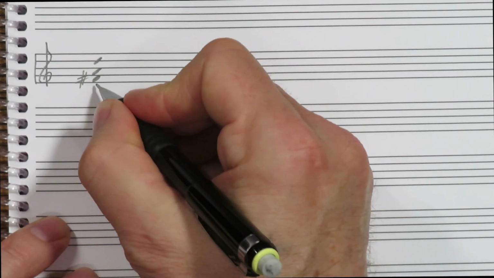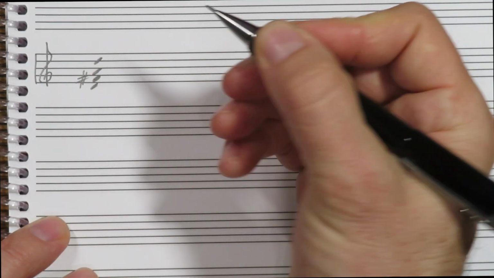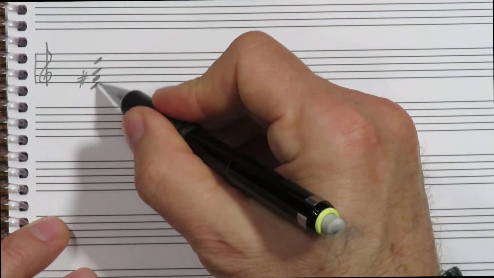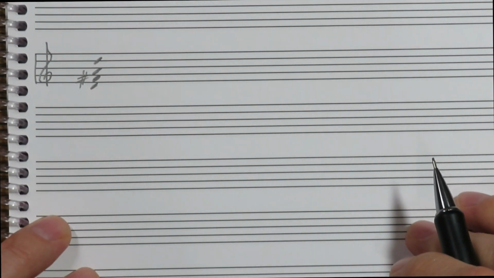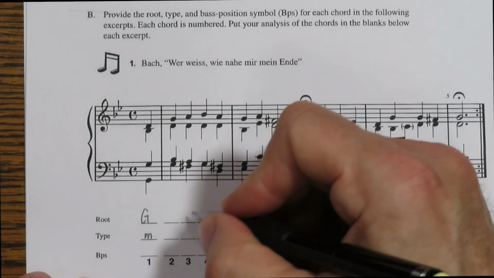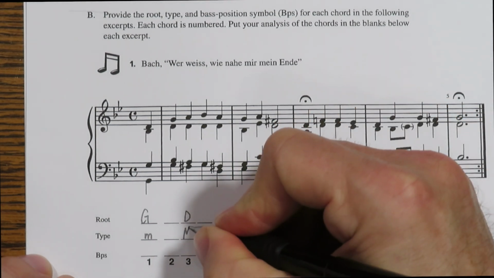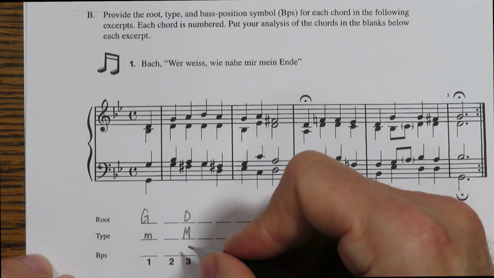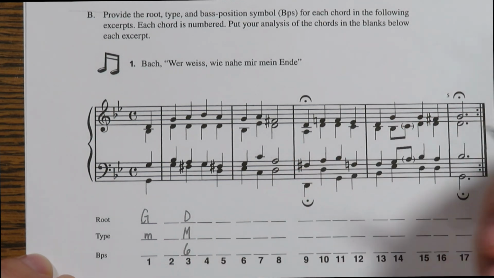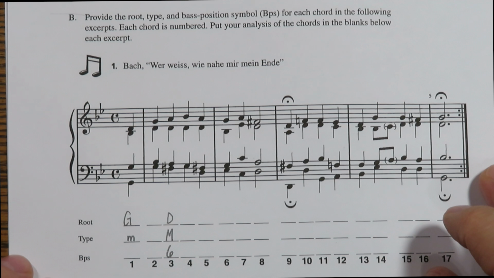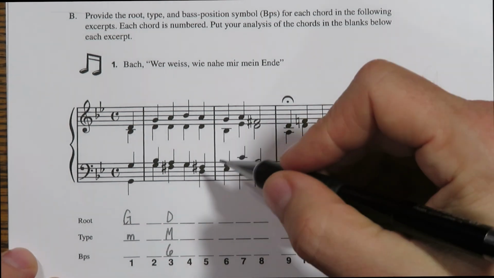So if we bring the D down here, we have a snowman with a D major chord. So the root of the chord is D, the type is major, and the inversion is first inversion, 6. Okay, now let's look here.